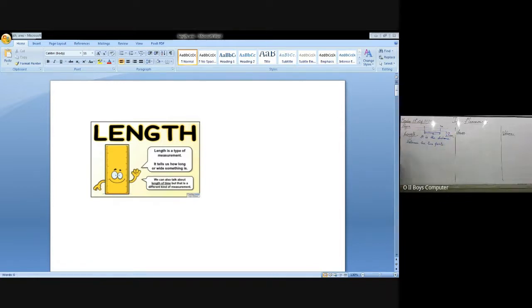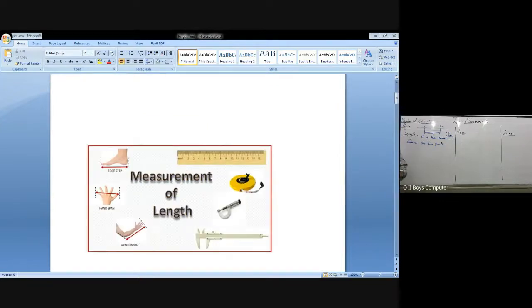Is it? Whenever we are going to measure it, we confront the length in different units. Sometimes we measure the length in kilometers, sometimes in centimeters, sometimes in millimeters, and sometimes in meters.